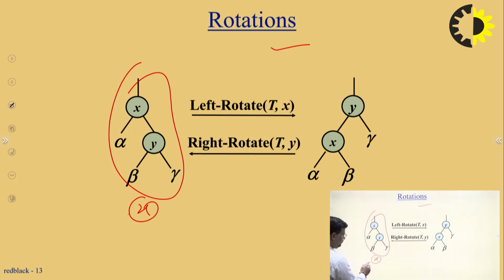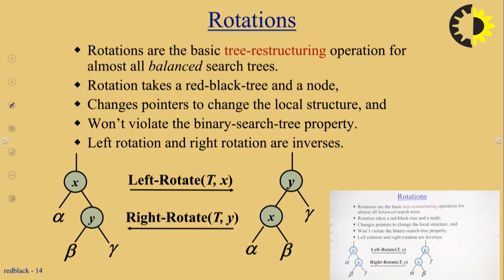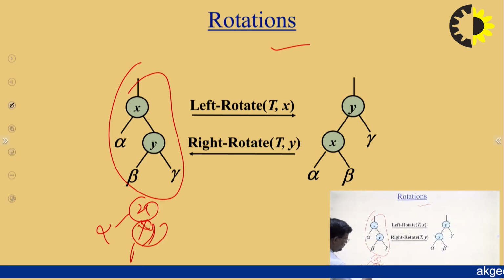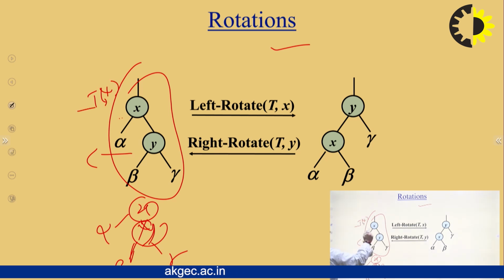X, alpha, then y, then beta, and then gamma. If we consider the left rotate, then we take T comma x, hold the x and pull it to the left-hand side.